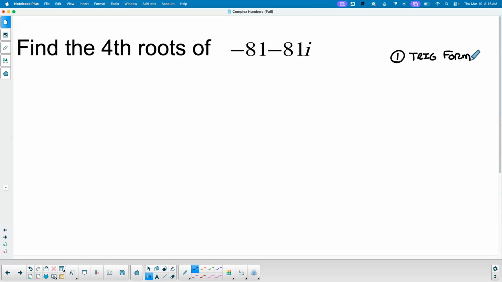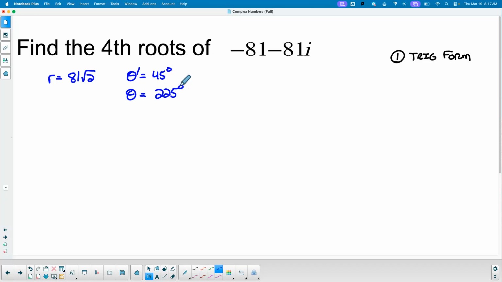Negative 81 minus 81i is going to have an r value of 81 square roots of 2. It's going to have a reference angle of 45 degrees. It's in quadrant 3, so it's going to have an actual angle of 225 degrees.